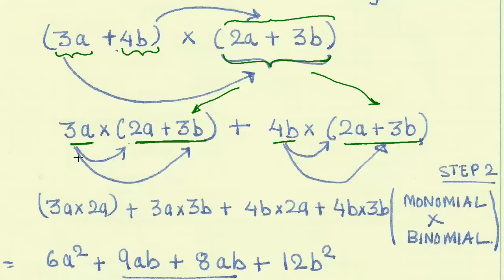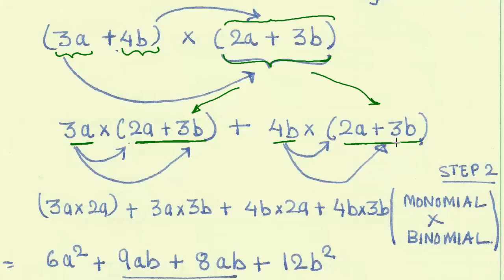Now if you look at these terms, what do you find? You find that this is a monomial, an expression with one term, and this is a binomial. So essentially we have simplified a binomial multiplied by a binomial into two expressions, where we are multiplying a monomial with a binomial and another monomial with another binomial.